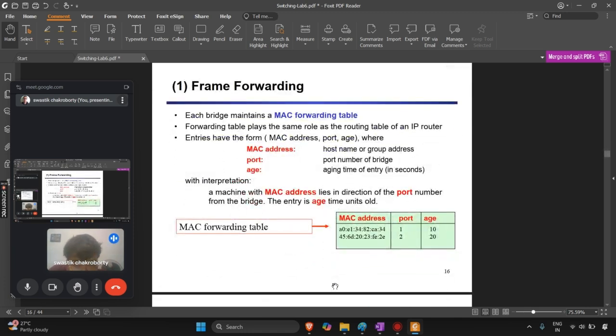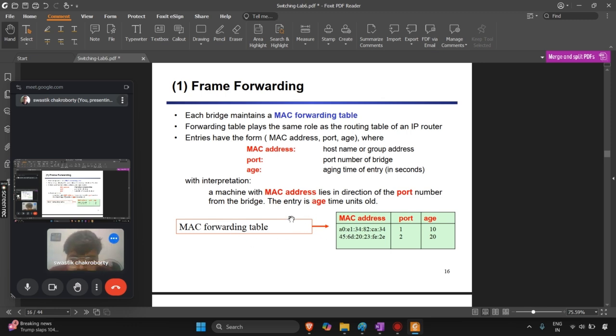In forwarding of frames, each bridge maintains a MAC forwarding table, and the forwarding table plays the same role as a routing table in routers. Since each bridge maintains a MAC forwarding table, it knows where to forward the data.